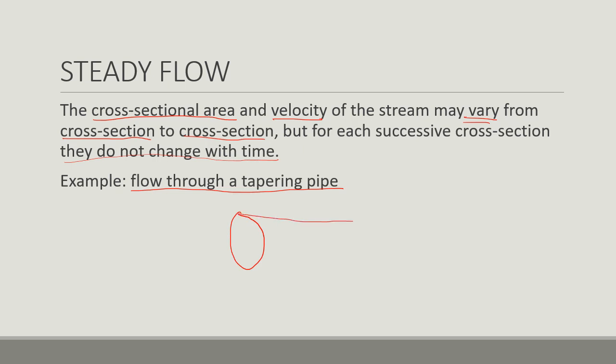When you have a pipe that looks something like this, the area here is bigger than the area here. That is, A1 is bigger than A2. That is, A1 and A2 are not the same. The velocity here will be different from the velocity here at the second cross section.